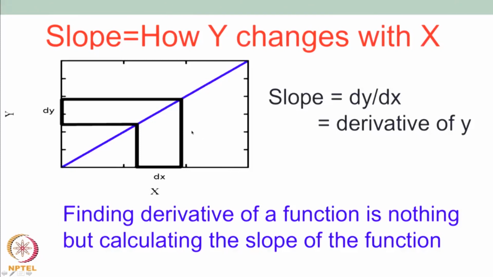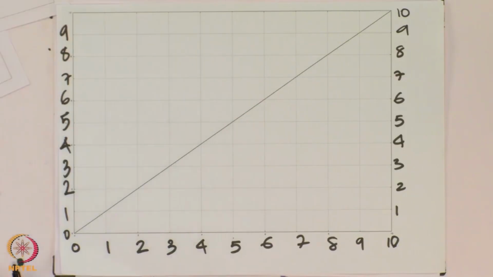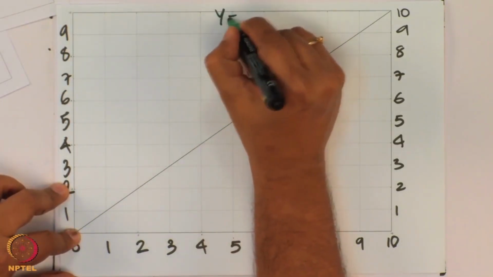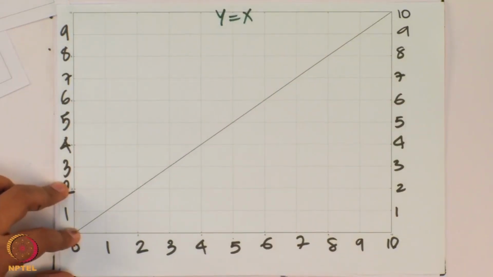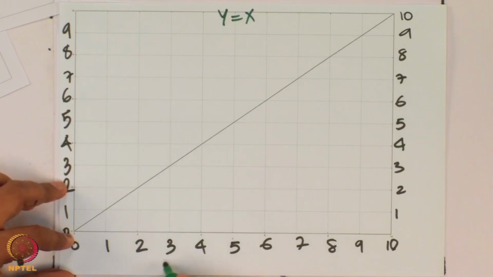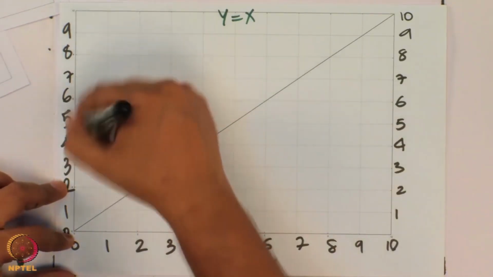So let us think about the slope a little bit more by taking a curve that we all know. So this is the simple curve y is equal to x. So if I just take two values of x, so this is my x and this is my y.